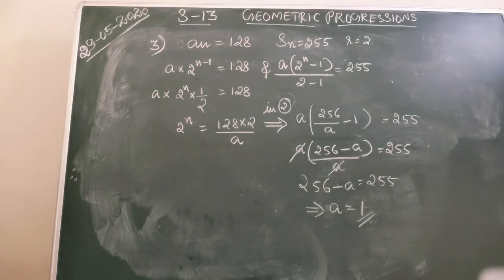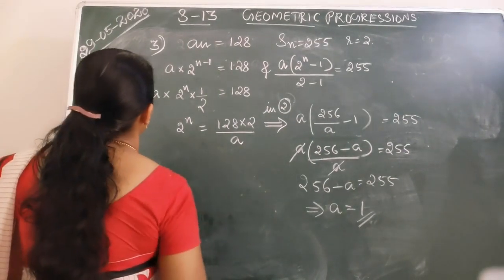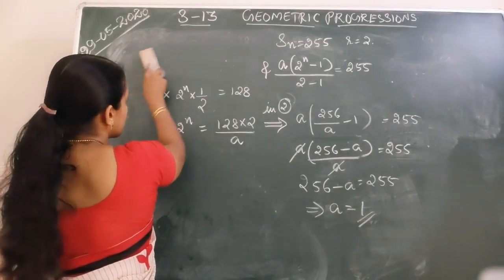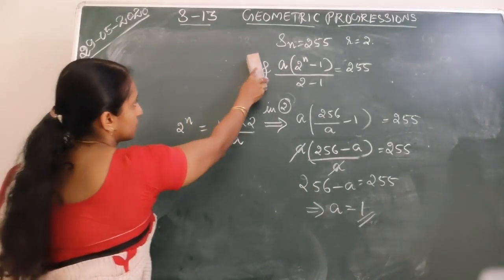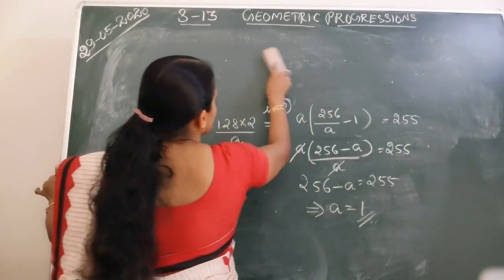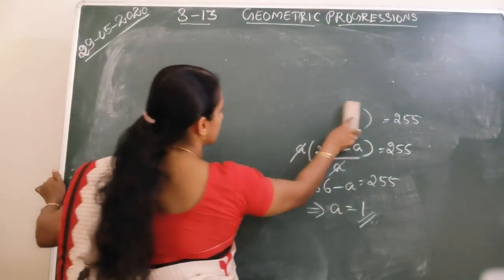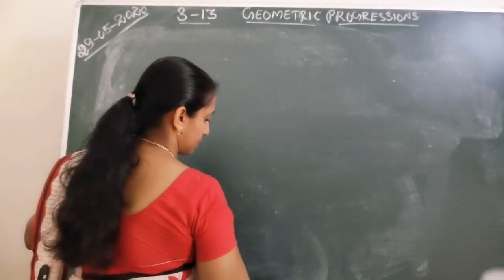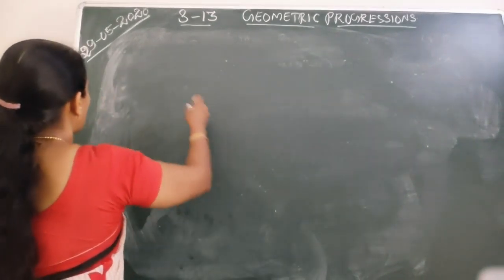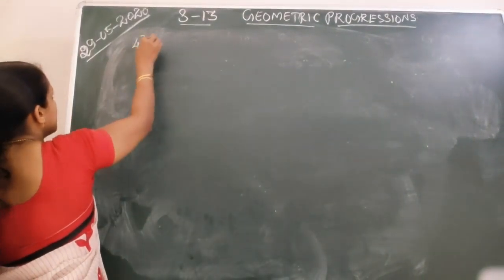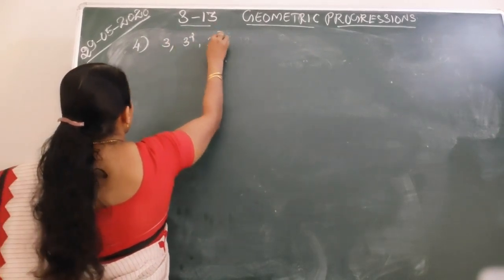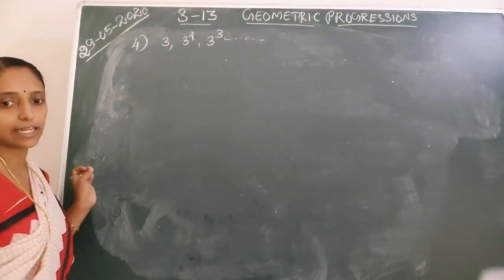Then question number 4, first part. How many terms? 3, 3 square, 3 cube, etc. to get a sum.